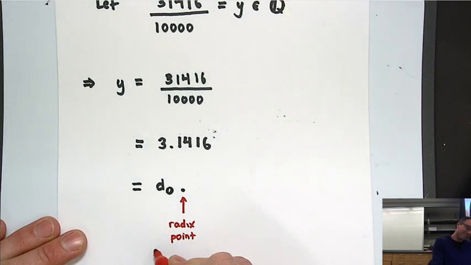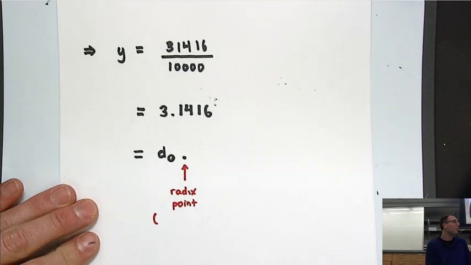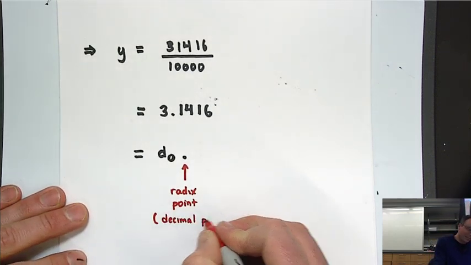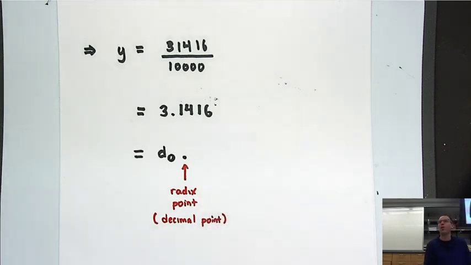So in the case of base 10, what type of point is this? Decimal point. In the case of base 2, we might call that a binary point. In the case of base 16, we might call that a hexadecimal point, or we could just call it a radix point and not get bogged down with details, right?